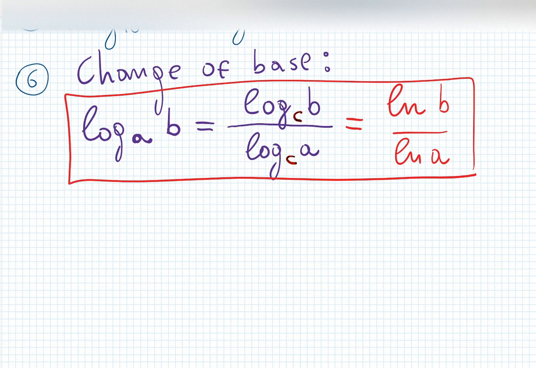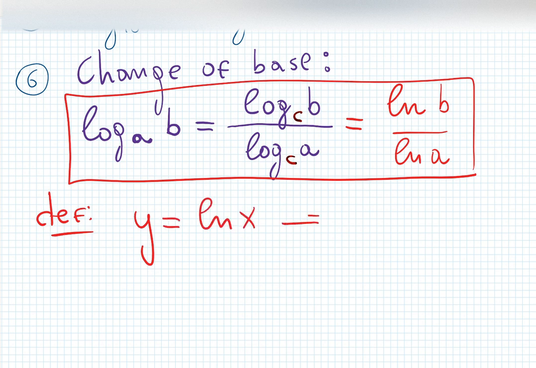If I just introduced to you natural log and log base 10, new definition. y equals natural log of x, and I want to undo that, which means I want to find x. I want to find the input with the given output. How to do it? You're applying e to both sides.